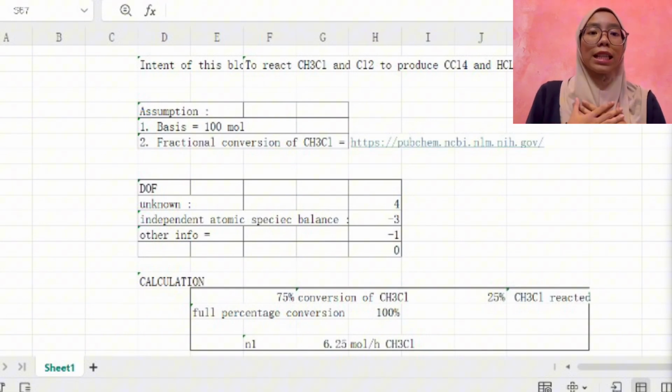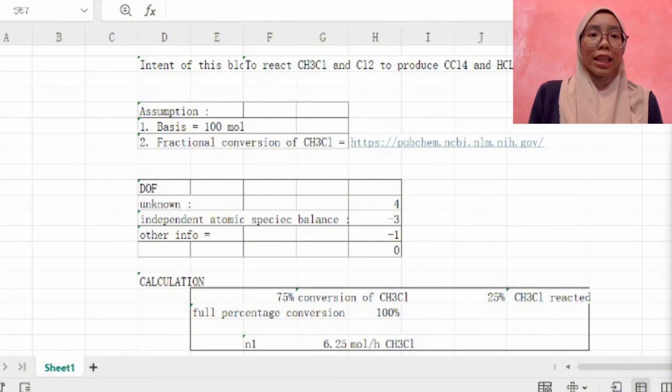For my assumption in this block, the basis is equal to 100 mole, and the fractional conversion of CH3Cl is 75%. So for the DOF, the unknowns are 4, the independent atomic species balances are 3, and the other info is 1. So the total balance of DOF is 0.